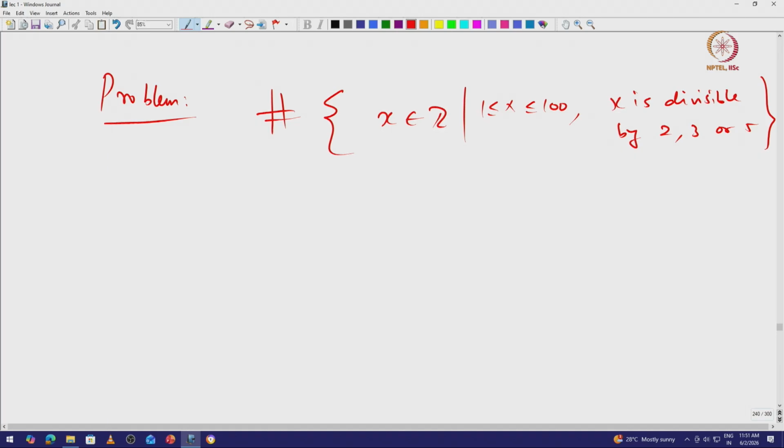So, for this we need to first find out the correct sets that we are interested in counting.